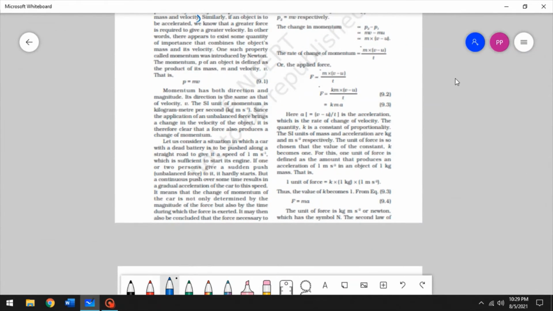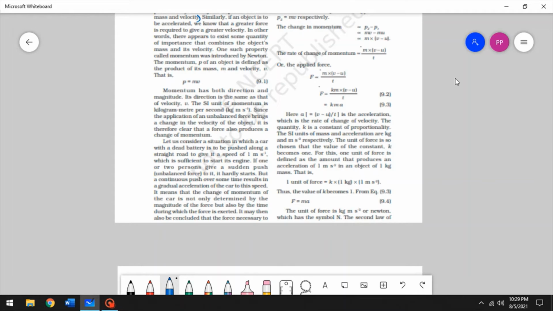So that's how velocity and mass play an equally important role in determining how the force of an object might affect others. So, momentum is what we're going to learn about.